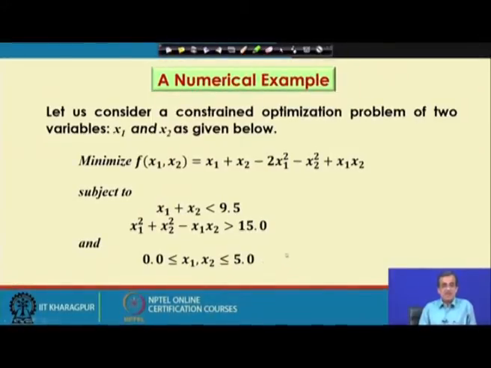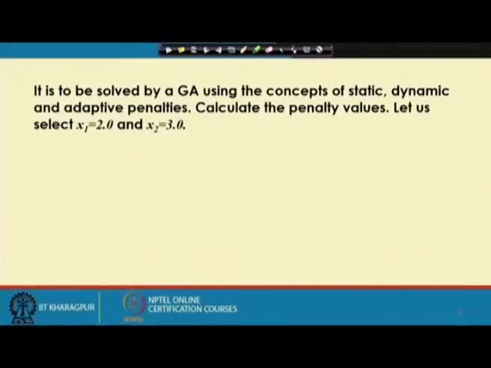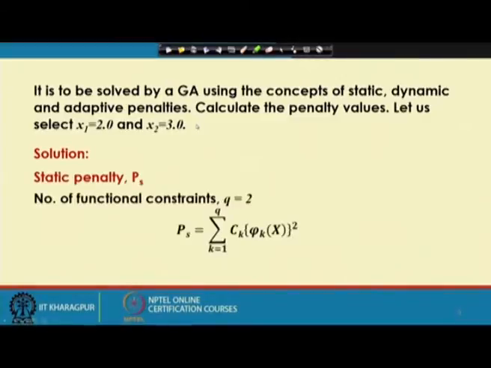Now, let us see how to calculate the penalty terms using the static penalty approach, then the dynamic penalty approach and the adaptive penalty approach. Let me consider one set of values of the variables, x 1 equals 2.0 and x 2 equals 3.0.